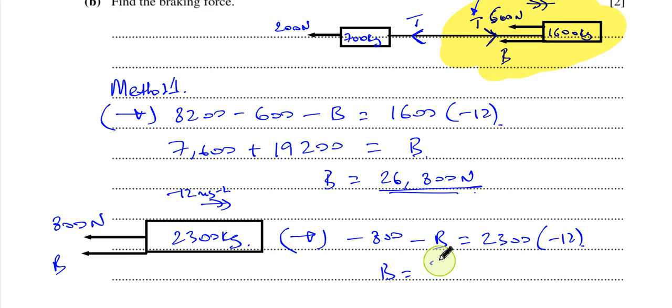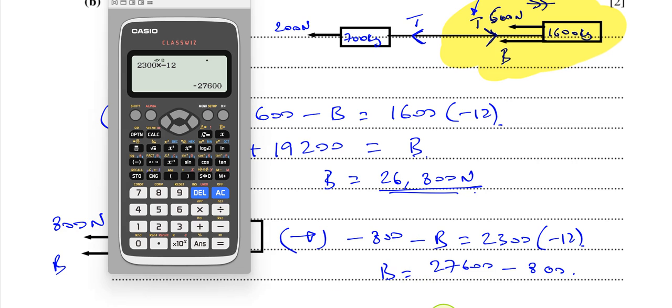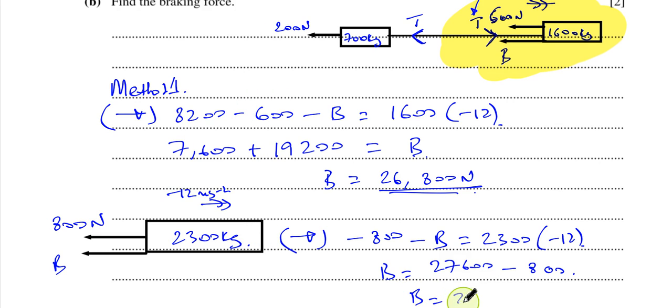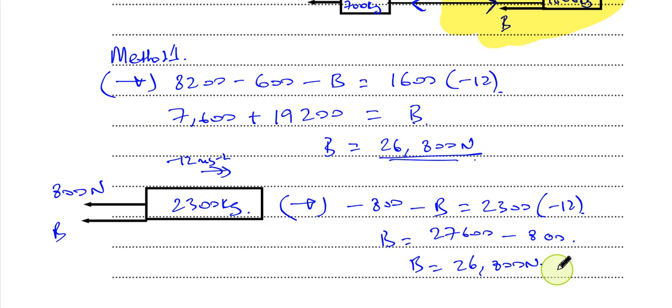So it'll be 27,600 minus 800, and it gives us 26,800, exactly the same answer, 26,800 newtons. So it doesn't matter which way you do it, both ways are perfectly fine. As you can see, we get the same answer.